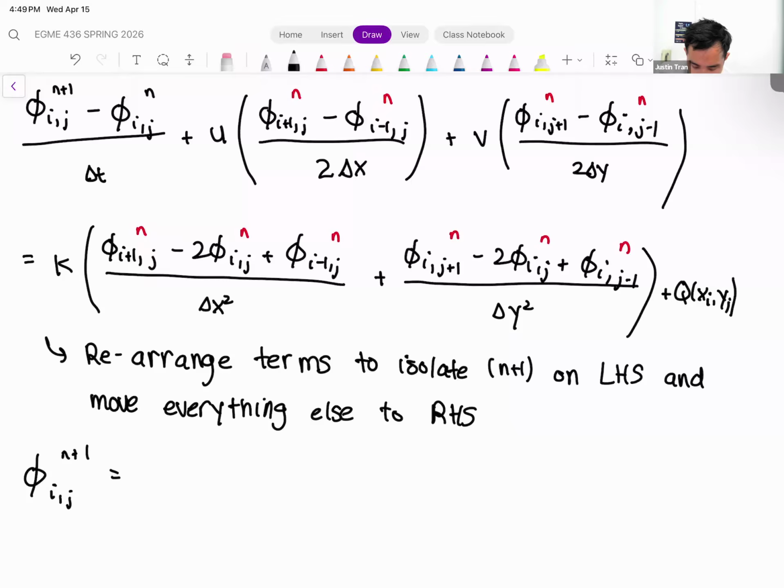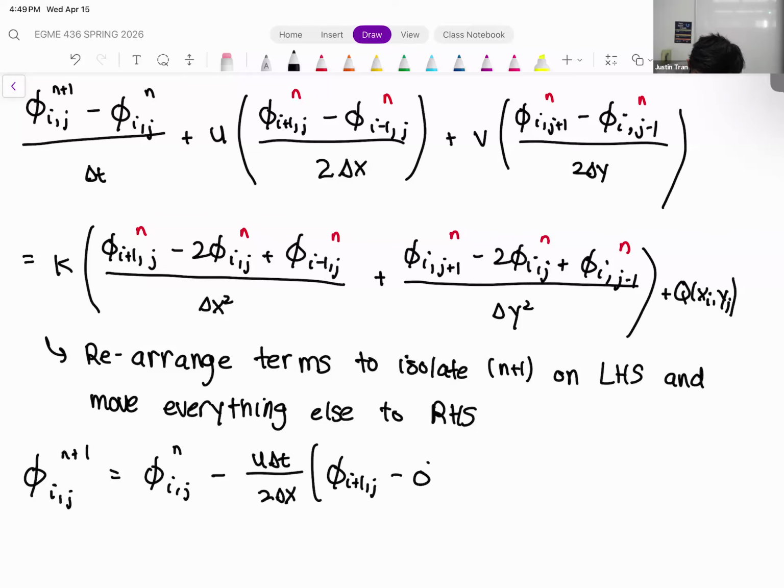We're going to move our two convection terms over. So I guess let's move the time step term first. So this is going to be phi i,j evaluated at n, minus u delta t divided by 2 delta x, times phi i+1,j minus phi i-1,j, both evaluated at time step n.